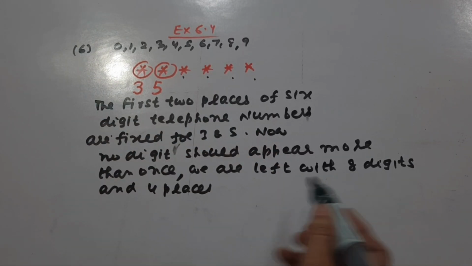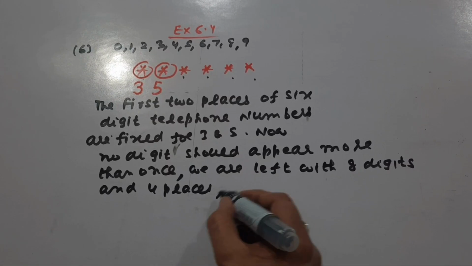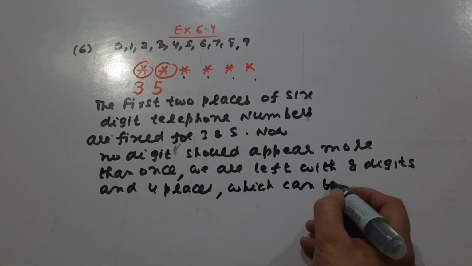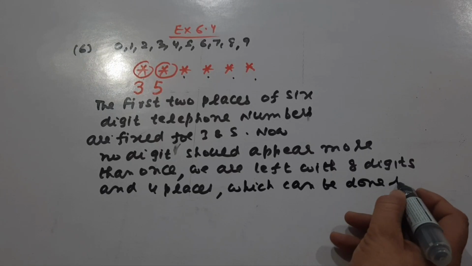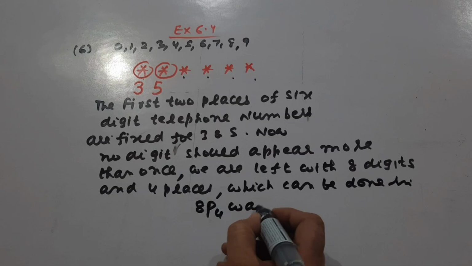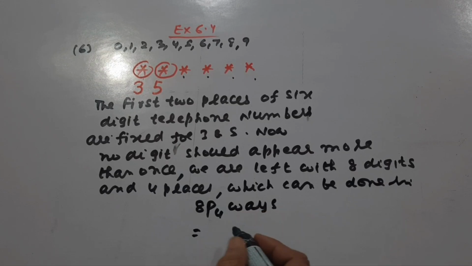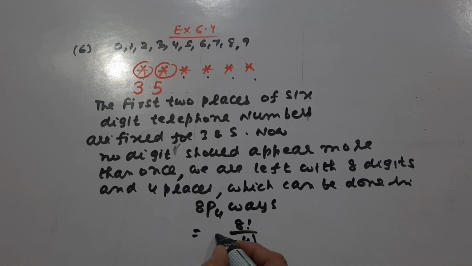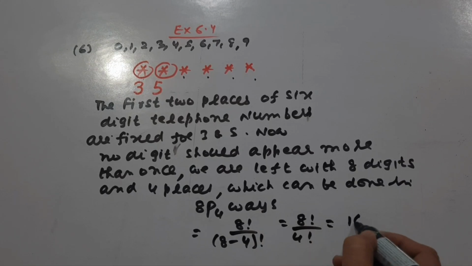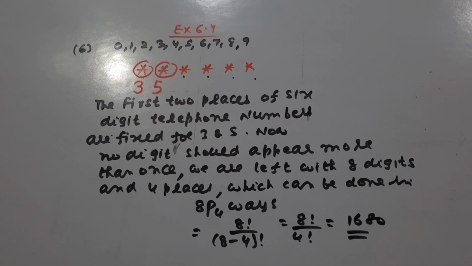So we are left with 8 digits and 4 places, and which can be done in 8P4 ways, right? And 8P4 equals 8 factorial upon (8 minus 4) factorial. So this is equal to 8 factorial upon 4 factorial. On solving it, we get 1680.